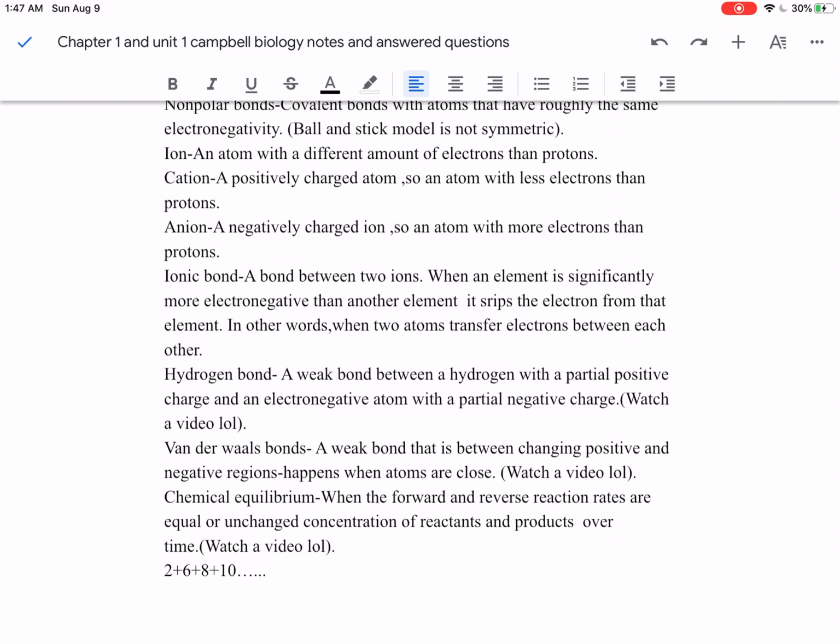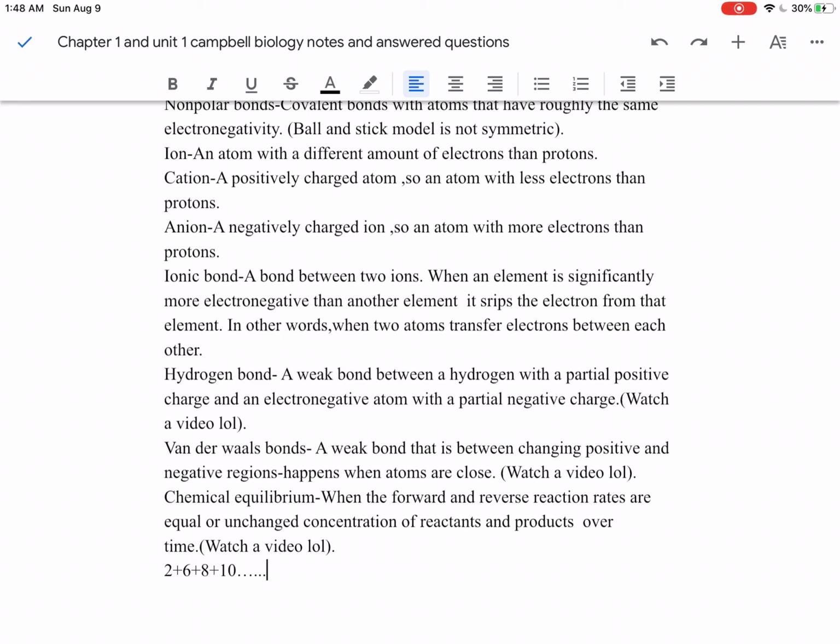But all you need to know for chapter 2 is that hydrogen bonds are weak bonds between a hydrogen with a partial positive charge and an electronegative atom with a partial negative charge. For example, H2O has hydrogen bonds because hydrogen has a region of partial positive charge, and oxygen has two regions of partial negative charge, and due to this definition, they're hydrogen bonds.